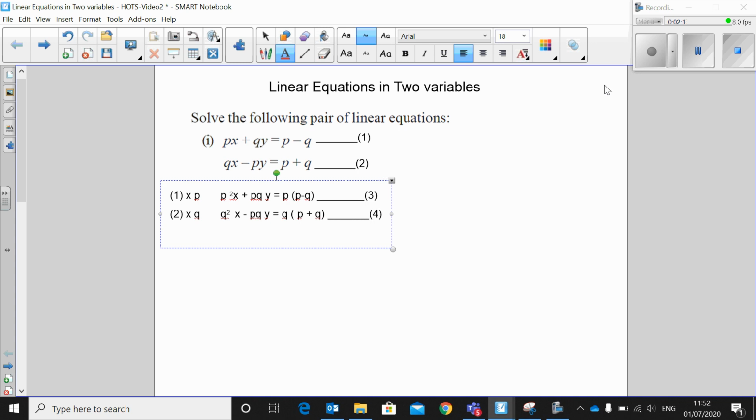Look at the coefficients of y: plus pq and minus pq. So we will add equation 3 plus equation 4, which gives us p square plus q square into x.